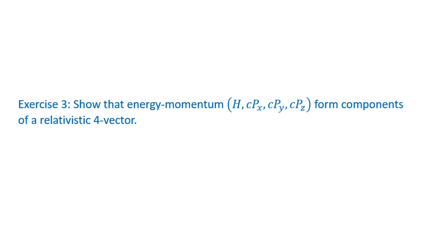I introduce the factor c for two reasons. First, c times momentum has a dimensionality of energy, thus all components of my 4-vector have the same dimensionality. Second, formulas become a little bit simpler in this notation.